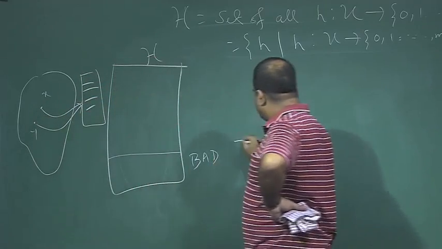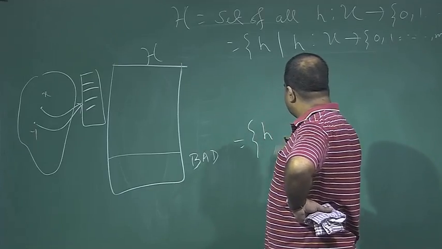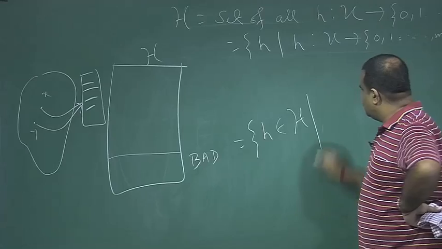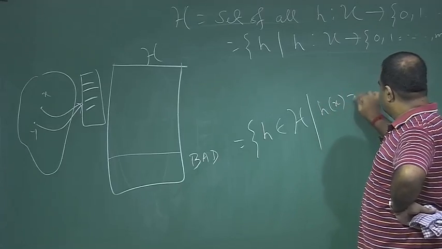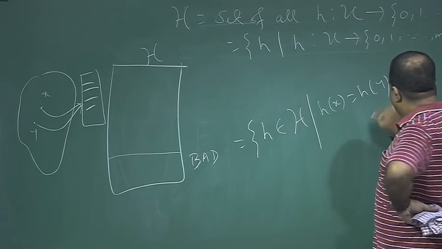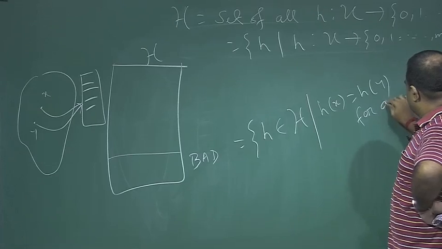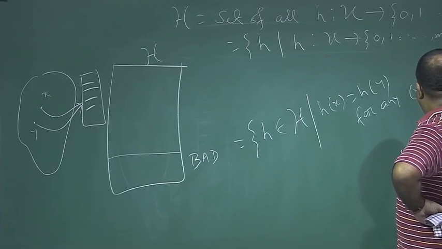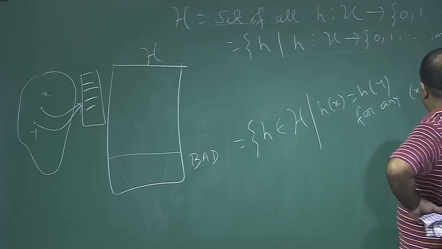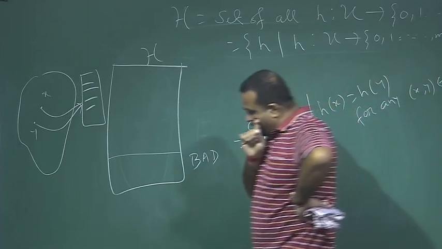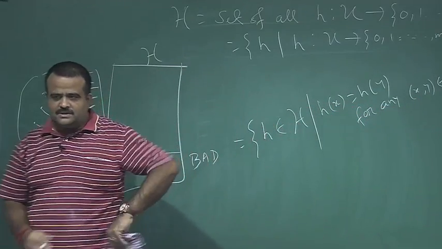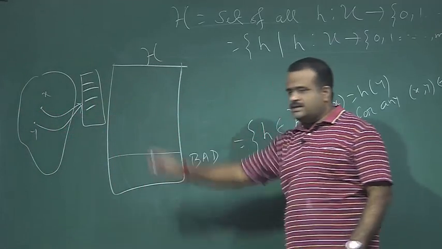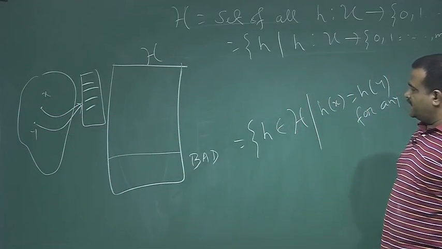So the bad portion is the set of hash functions from this collection such that h of x equals h of y, for any pair of keys (x, y) belonging to U cross U. That means collision is guaranteed: if we choose our hash function from this, then any two keys will collide.